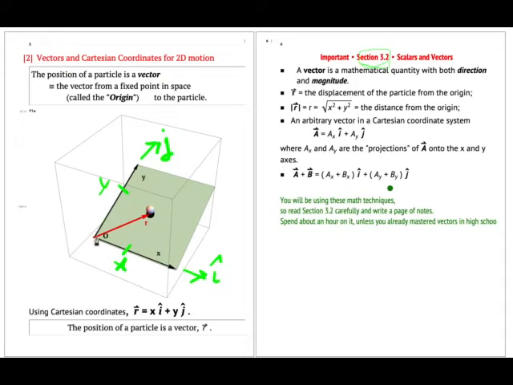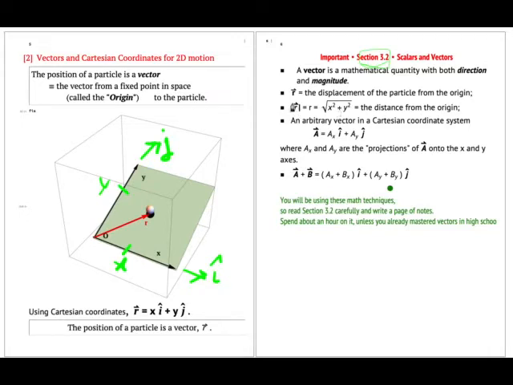By Pythagorean theorem, that's x squared plus y squared square root. It's just the distance from the origin. But you see it has the x component in one direction, the y component in a perpendicular direction. So I have here a little right triangle. And the hypotenuse is the square root of x squared plus y squared. That's the length of the vector, or that's the distance from the origin.